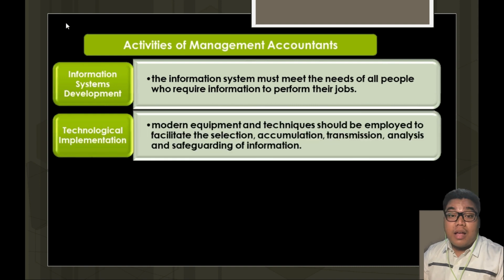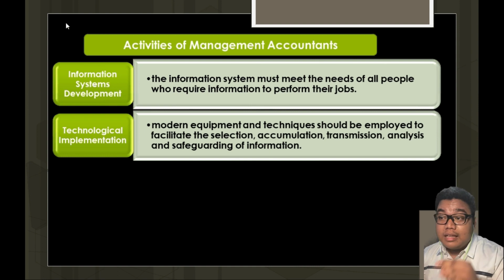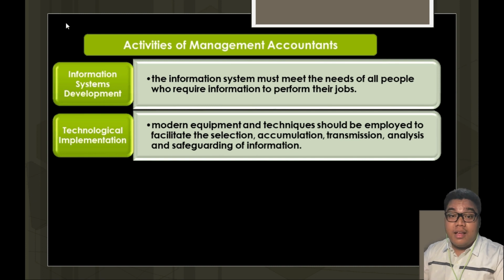Technological implementation, it is to be noted that it is not necessary for information systems to be automated. So one thing that a management accountant can do on that note is to make sure that recording and reporting of information within the organization can be as easy as possible, and it can be done on demand.